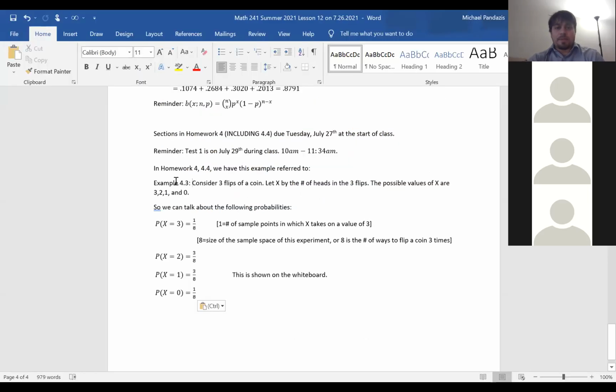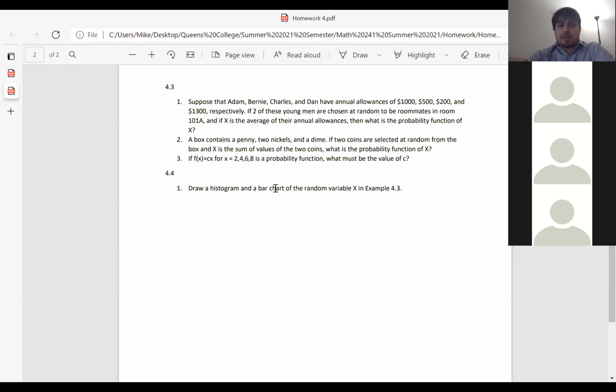Three flips of a coin, number of heads in the 3 flips. Possible values are 0, 1, 2, and 3. What are the probabilities of each of them, right? And then express it using a histogram and a bar chart. So those two, one each, okay?